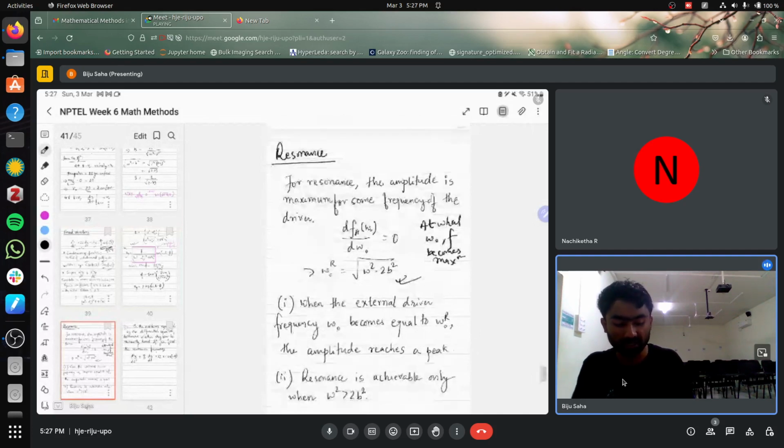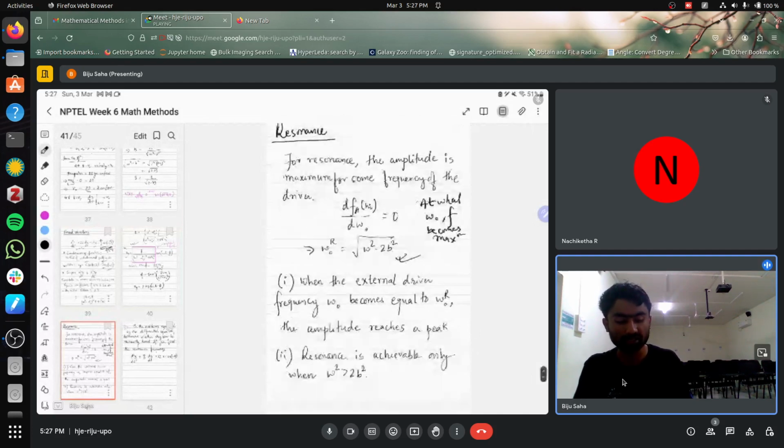Basically here what you have is root of omega square minus 2b square.